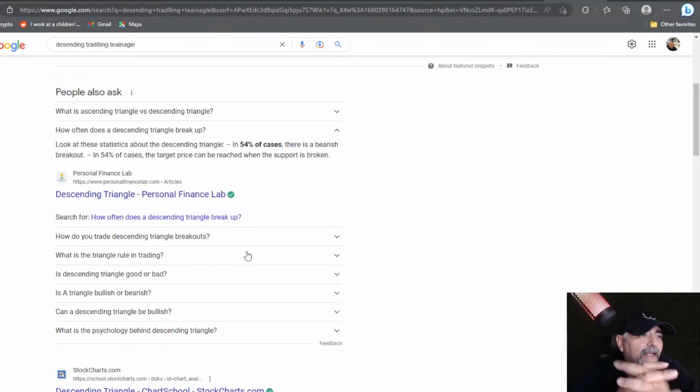Everything that you're learning normally outside of the academy being taught to you is basically being manipulated by all the market makers. They know if you're looking at a descending triangle, you think it's going to break down, right? But 46% of the time it'll break up, right?